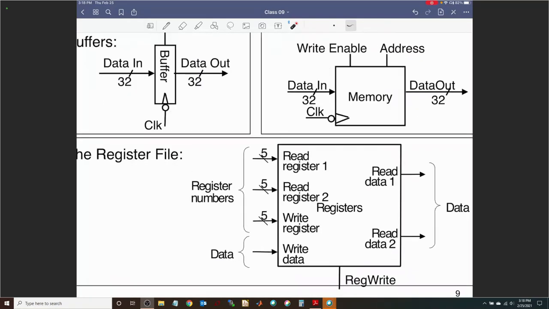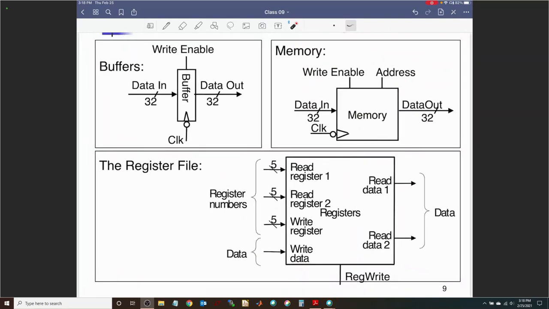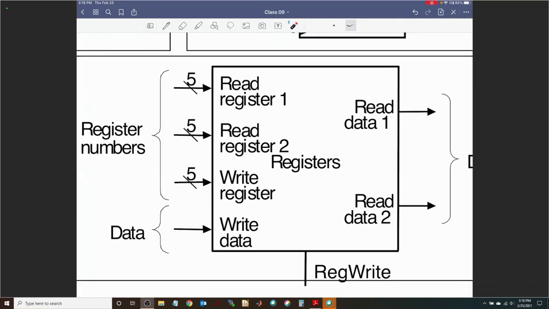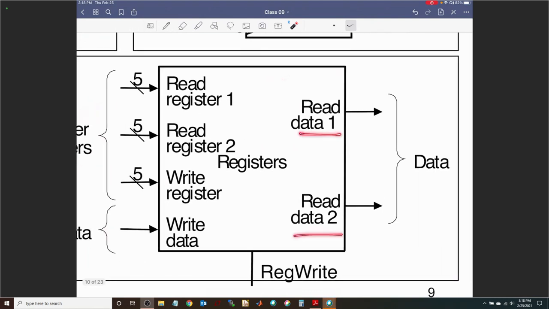Next, we come to the register file. So what is the register file? We have been talking about the register file as 32 registers, right? But there is a lot more to the register file than just 32 registers. Those 32 registers are part of the register file, but alongside it, you also need to talk about register numbers, data to be written to the register, and data that could be read from 2 registers.